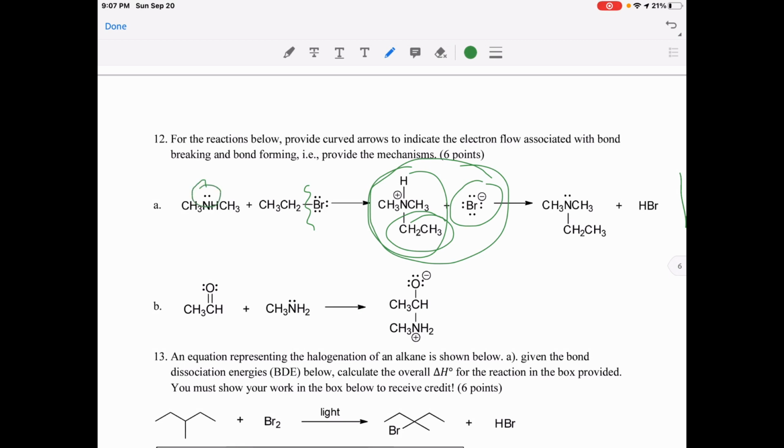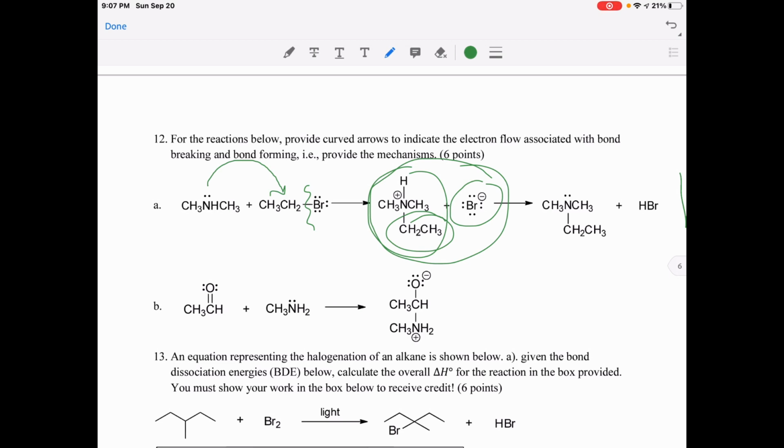So this lone pair of electrons is our starting point, since that will allow us to form the bond. So since we see this pair of electrons, we have to think, well, which atom is it going to actually attack? Since we know that this bromine becomes isolated, obviously the lone pair is not going to attack the bromine atom. We do know, however, that we end up with the ethyl substituent attached to this group. So the only way to do that is if this lone pair of electrons attaches to this carbon.